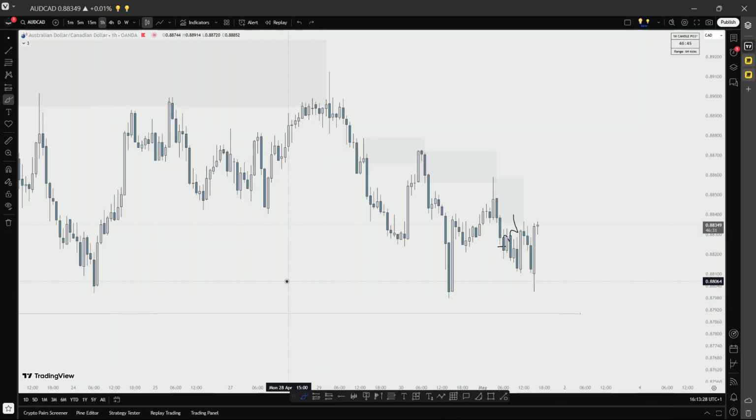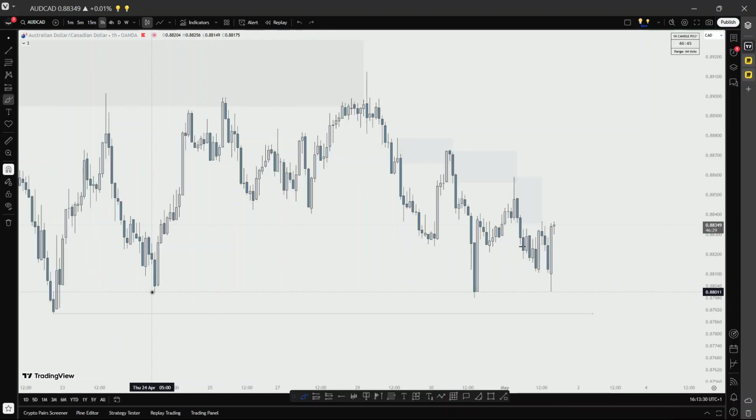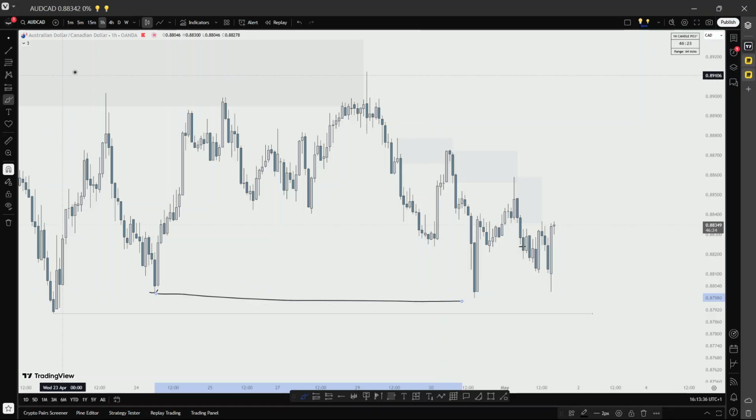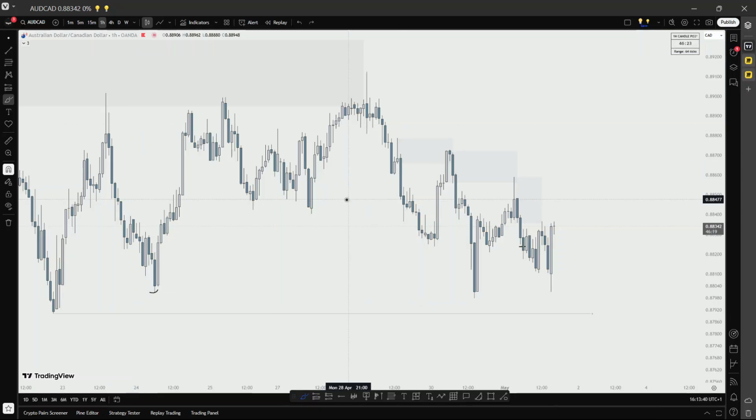When I checked this low, it was swept just by a wick on this broker, on the Oanda broker. But if I checked on another broker's chart, it wasn't swept. Instead it has a little gap, and even on my broker chart it wasn't swept.